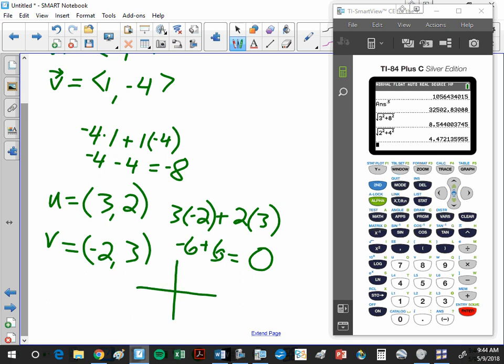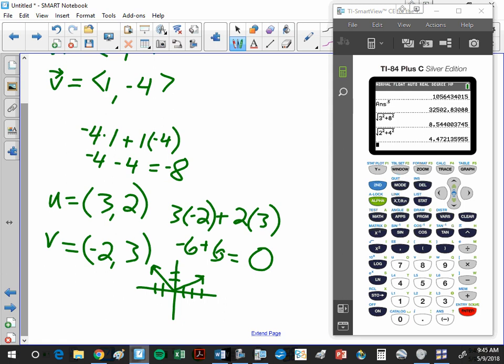My first vector is 3, 2 right here, and then my next vector is -2, 3, which is right here. Why did my dot product end up being 0? It has something to do with the relationship between those two vectors. They do have the same magnitude, so that's one thing.